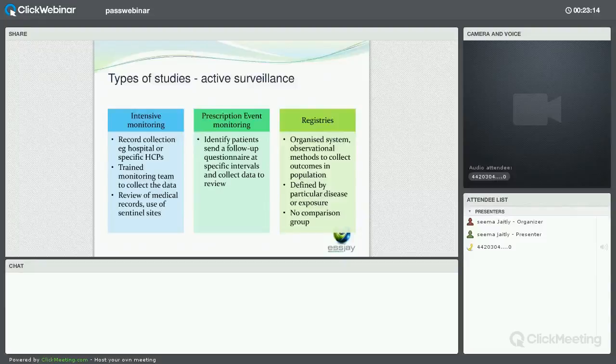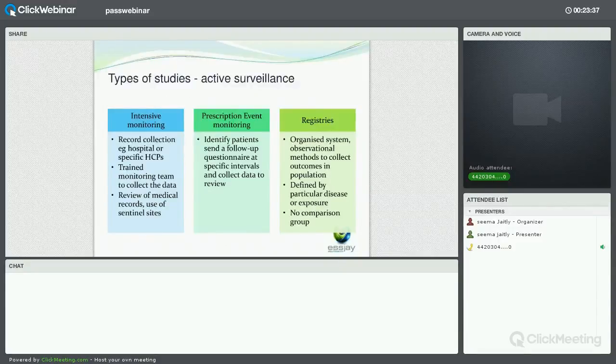And then we have your registries, which are organized data collection using observational methods. Usually it's either disease-based or exposure-based, so it could be, for example, databases for severe skin reactions. Also, you've got pregnancy registries, or a registry for patients that are on anti-epileptics.